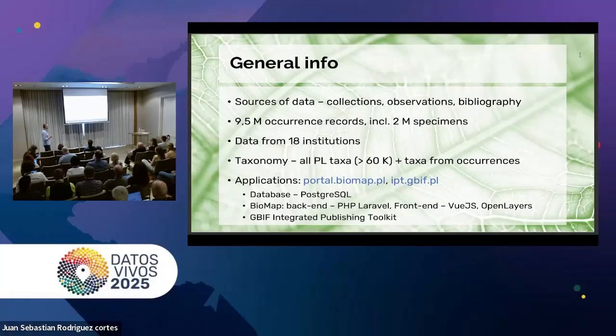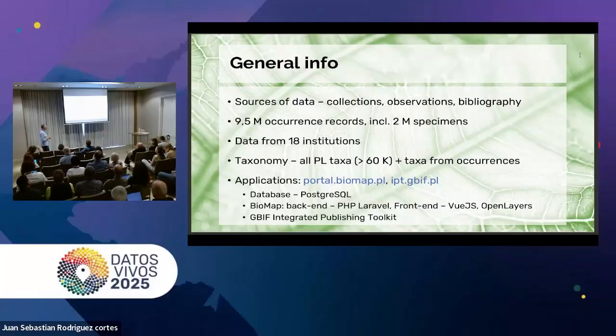We have a special focus on taxonomy, so we also collated the checklist of all eukaryotic species from Poland. It's more than 60,000 accepted species. We also managed to collate the taxa from occurrences not belonging to the Polish fauna and flora biota.